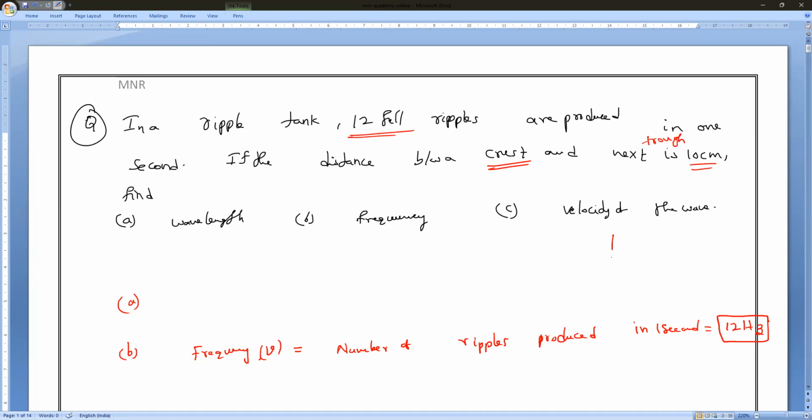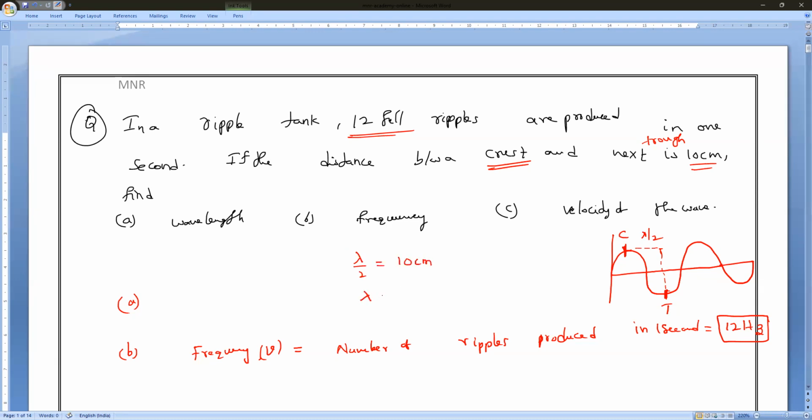Is it given lambda or lambda by 2? This is trough and this is crest. It is lambda by 2. So lambda by 2 is equal to 10 centimeter.